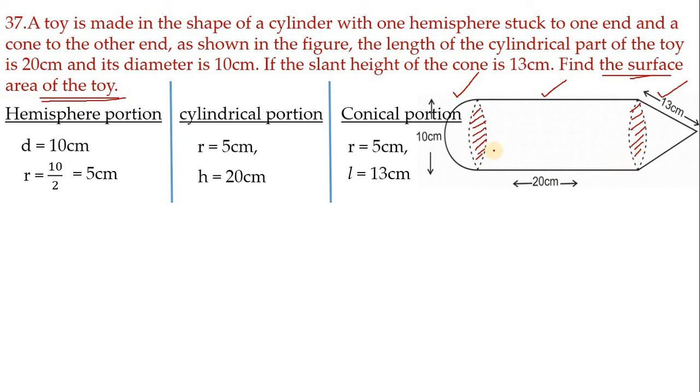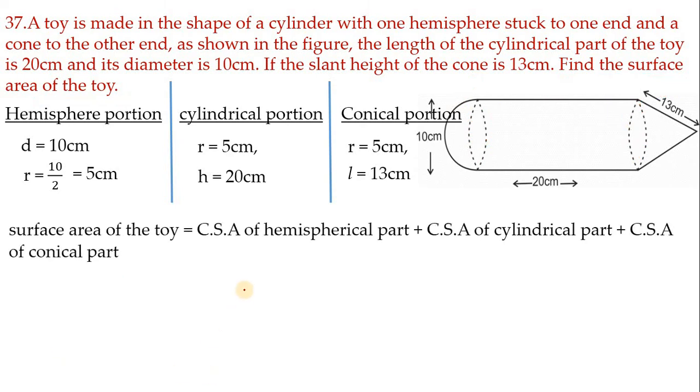That is wrong, because it is a toy. These spots cannot be touched because they are included inside the toy. So we have to find only CSA of these objects. So I can write surface area of toy is equal to CSA of hemisphere plus CSA of cylindrical part plus CSA of conical part.